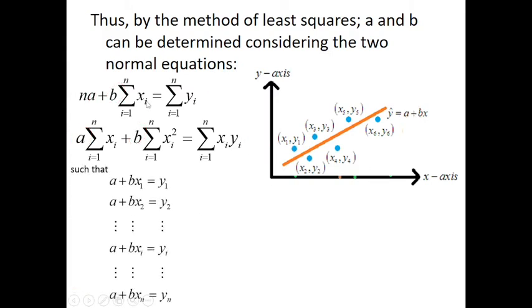Such that, okay, this is satisfied. A plus bx1 equals y1. No? So sabihin niyan, y1 is equals to a plus bx1. Okay? And y2 equals to a plus bx2.